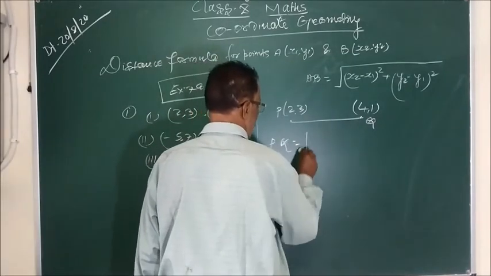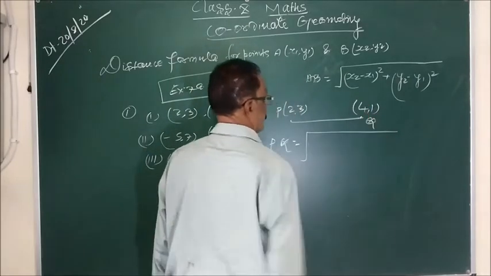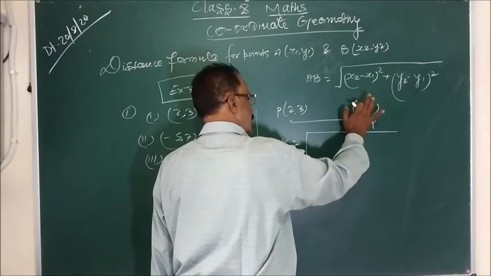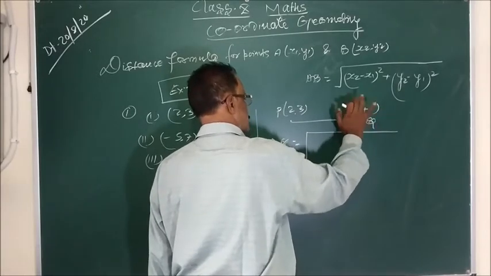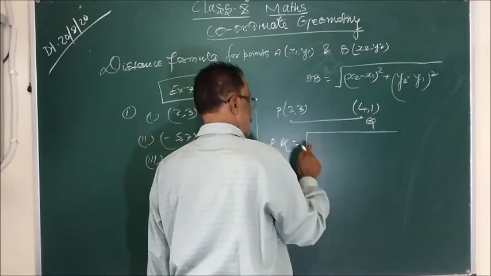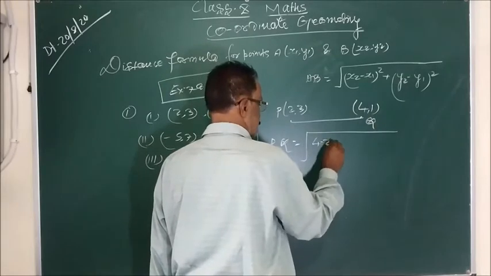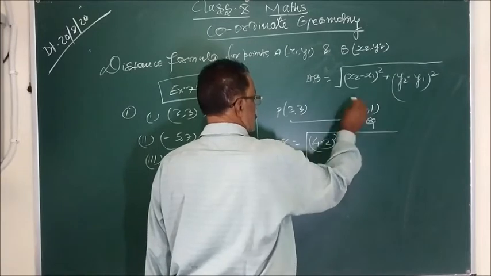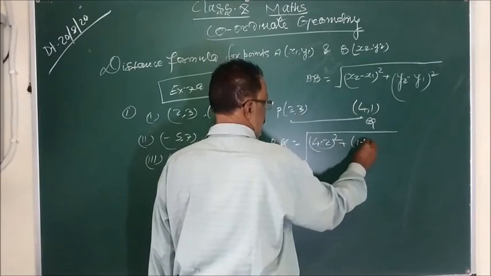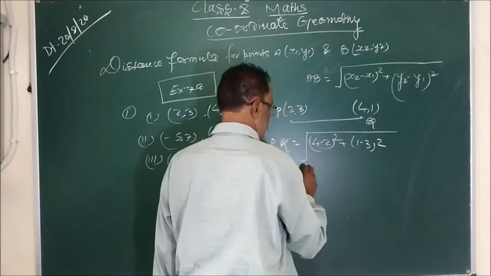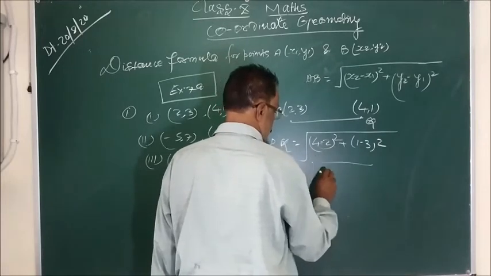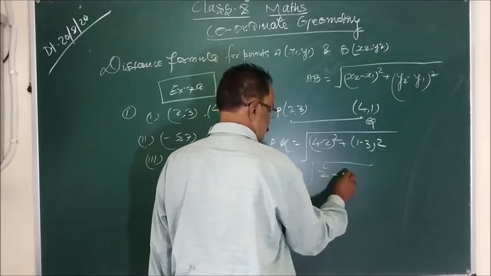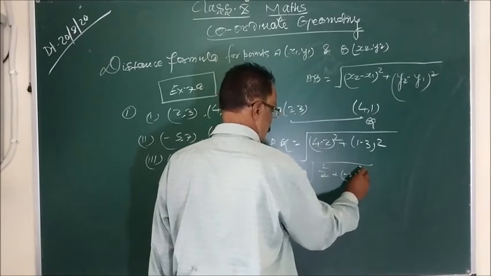PQ is equal to, by the formula, x2 minus x1, and suppose this is x2, so this minus this: 4 minus 2 whole square plus y2 minus y1: 1 minus 3 whole square. Understand? So this will be 4 minus 2, 2 square, and this will be minus 2 whole square.